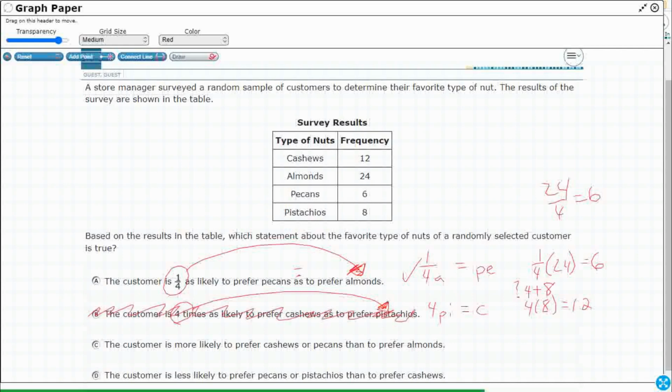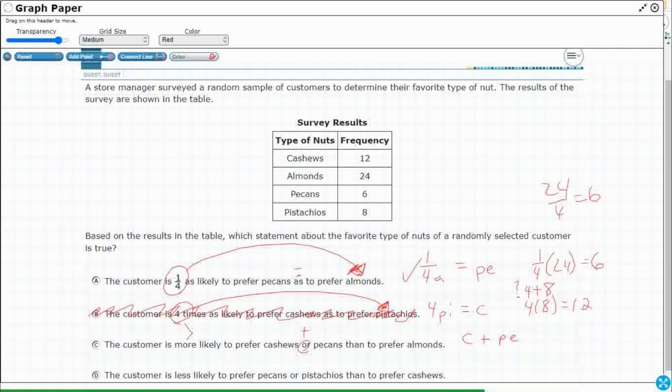Let's check C. The customer is more likely to prefer cashews or pecans than to prefer almonds. So now we're just doing greater than, less than. So more likely to prefer cashews or pecans. All right, so let's do cashews or. So this is a connecting word, so we need to actually add these two, cashews and pecans, then prefer almonds.